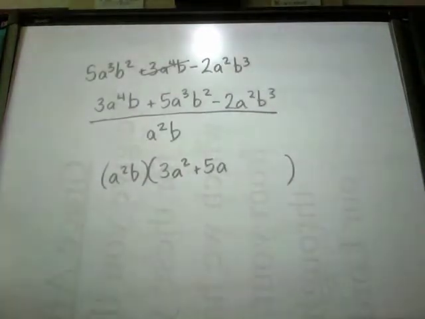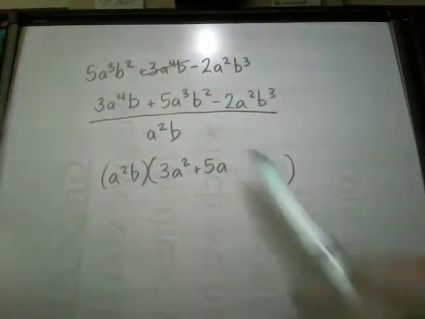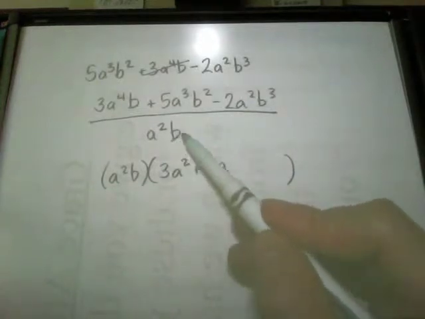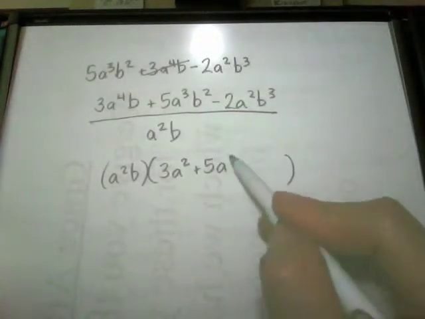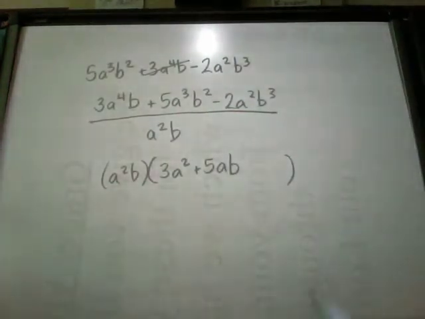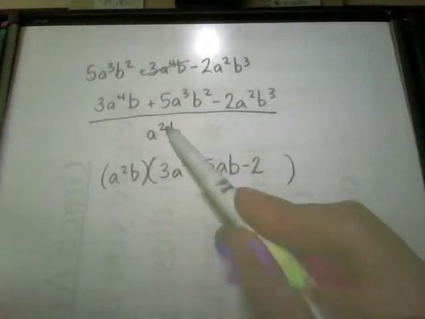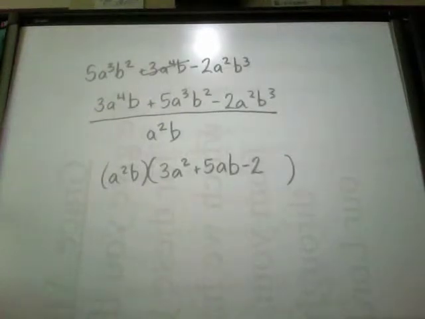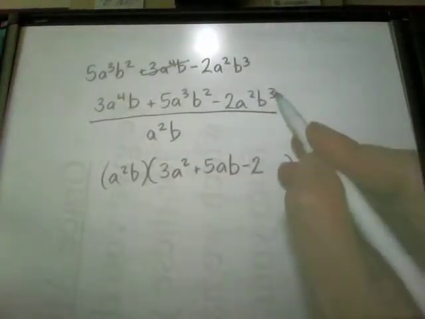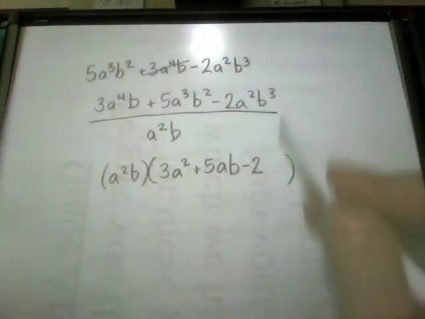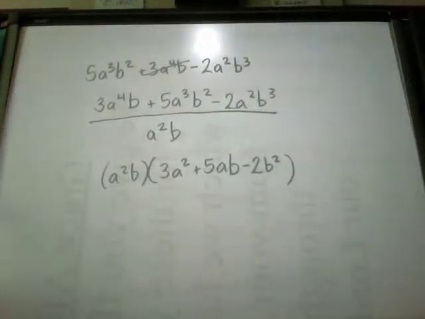That leaves 1 in my numerator. B squared divided by b, I get rid of 1b and 1b. I still have 1b left. My minus 2 is still there. A squared over a squared. The a squareds are gone. B cubed divided by b, I get rid of 1 and 1. That leaves b squared.